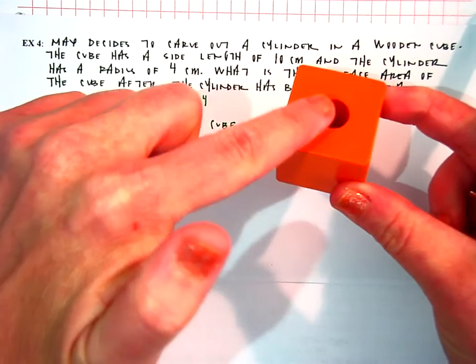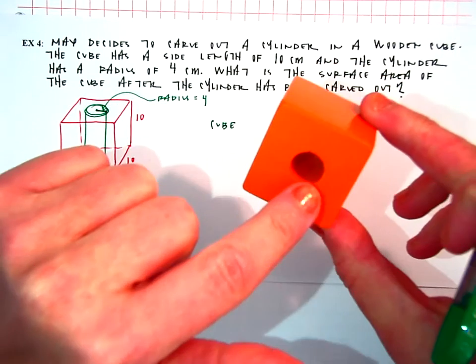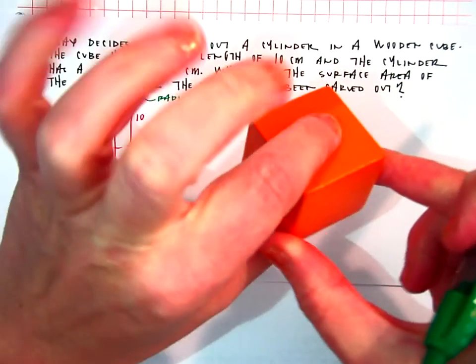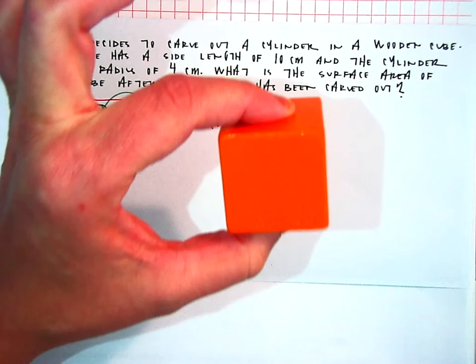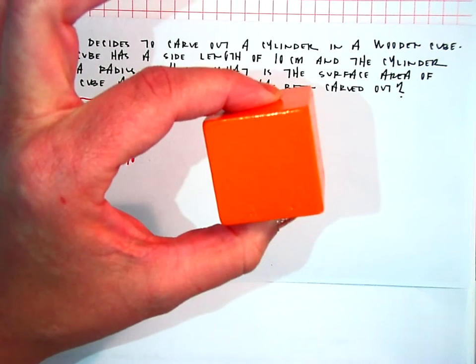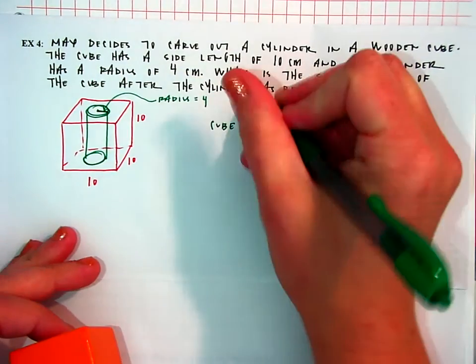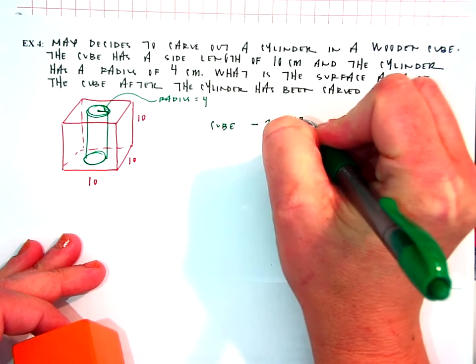I'm now missing this hole right here on top that I also have here on the bottom. So I have these two circles that have been drilled out. So I want to remove those two circular bases of my cylinder.